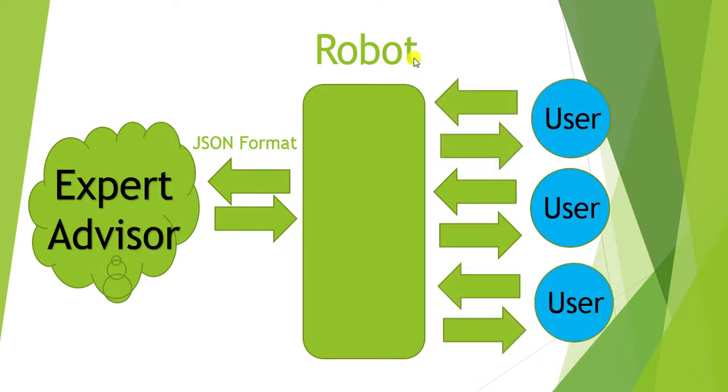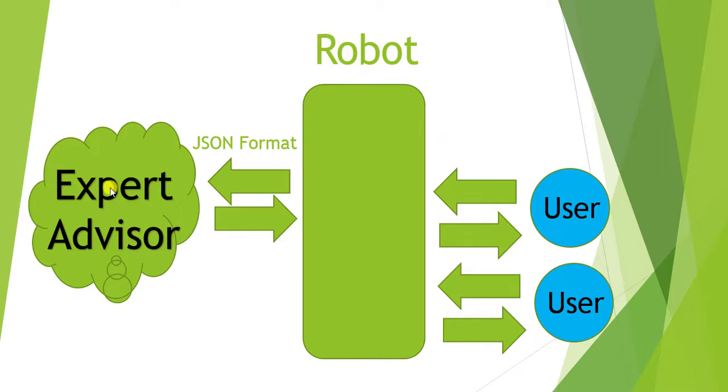So the robot must realize which user has sent which commands, and then it must return the feedback of the expert advisor to exactly the same user. This is very important, and we learn how to do that.